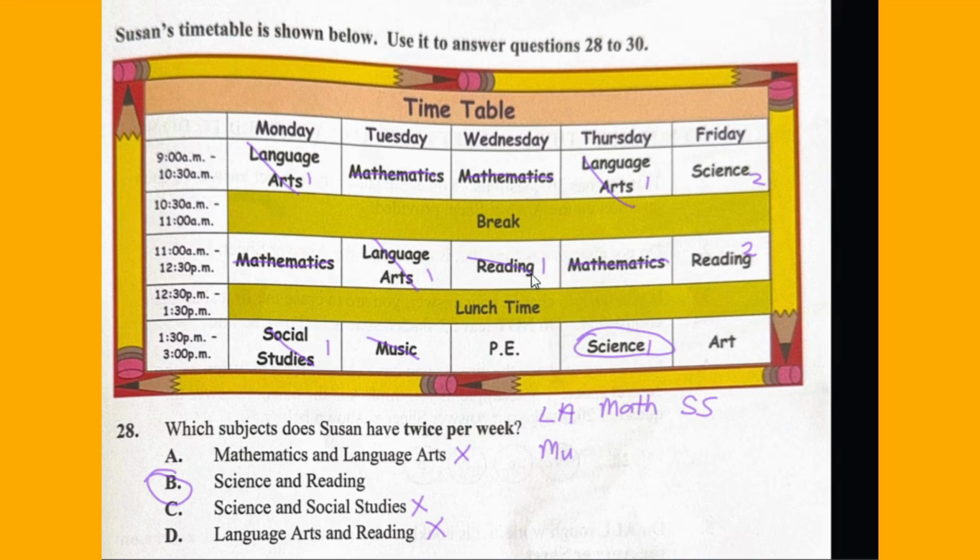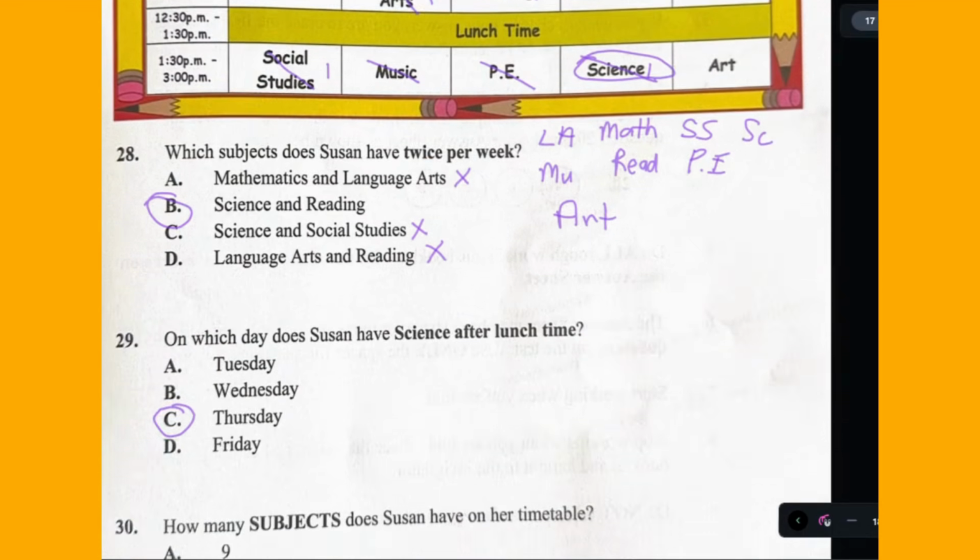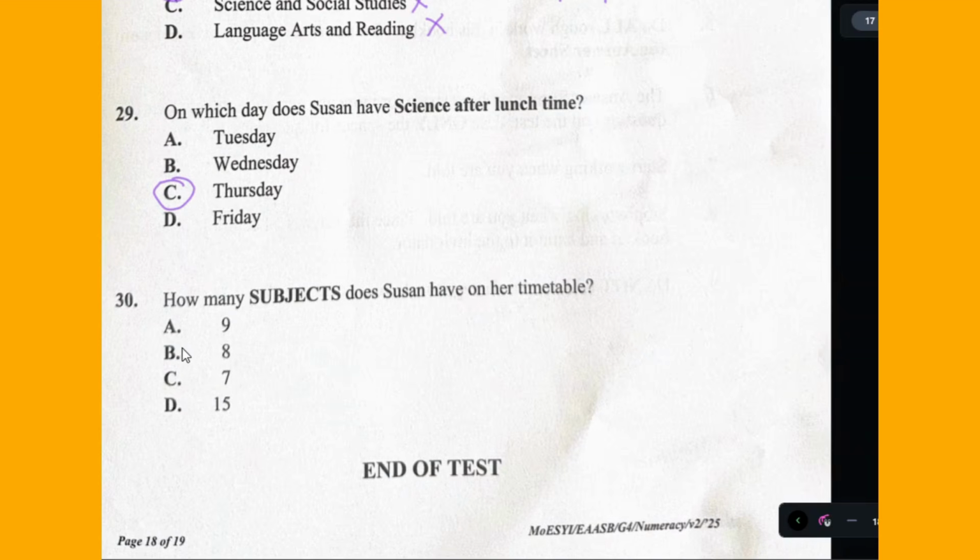Reading. PE. Science. And the only one left is art. So let us add up the subjects. 1, 2, 3, 4, 5, 6, 7, 8 subjects in all. So we're going to choose B for 8 subjects.